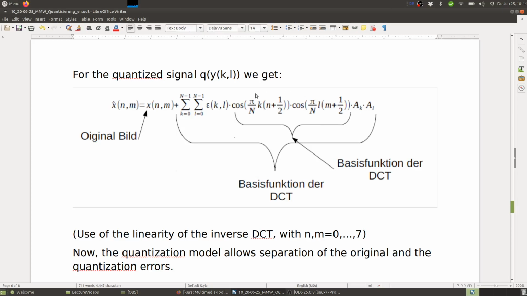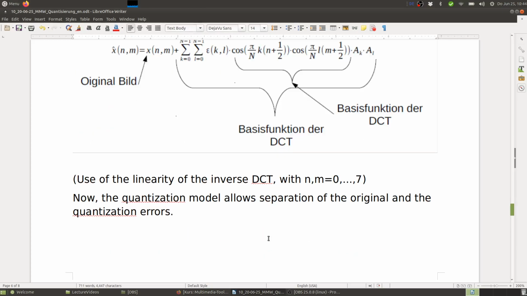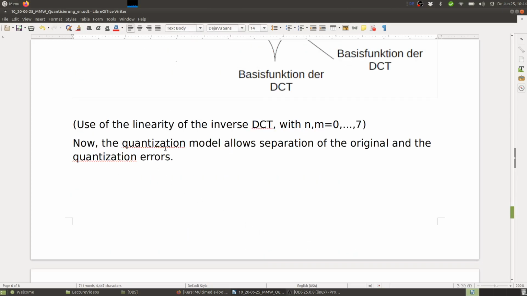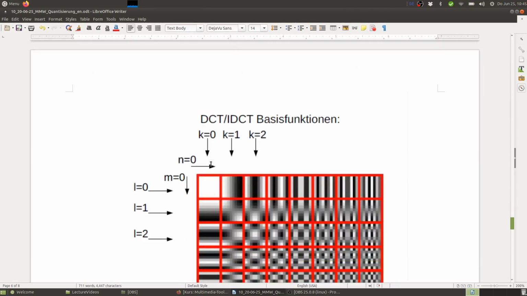We have these cosine terms, and they are multiplied with epsilon, and we basically have all cosine terms because we have the sums of all of them. So this gives us an impression of how the reconstruction error looks. It looks like the inverse DCT basis functions. Here I use the linearity of the inverse DCT. So now the quantization model allows separation of the original and the quantization errors.